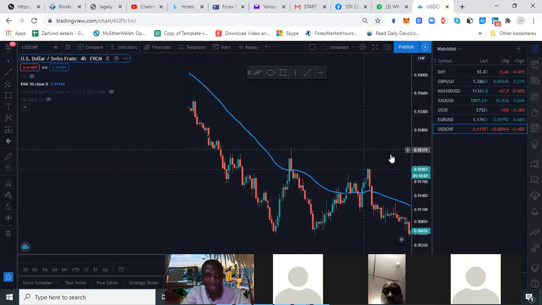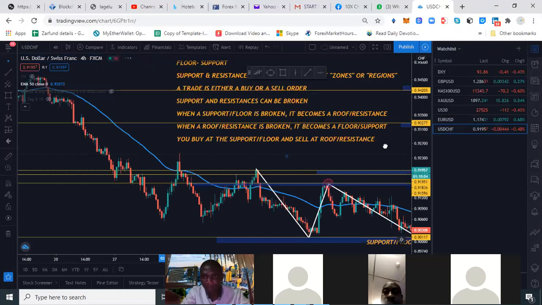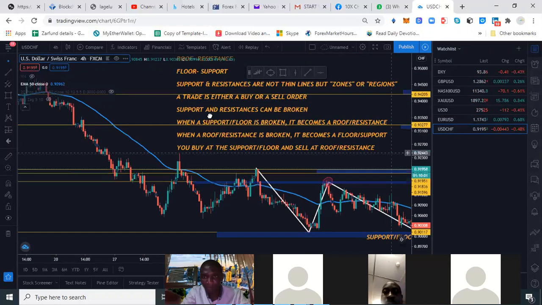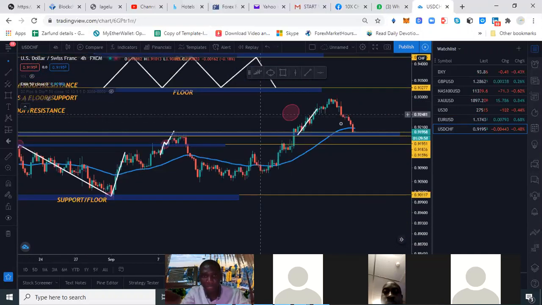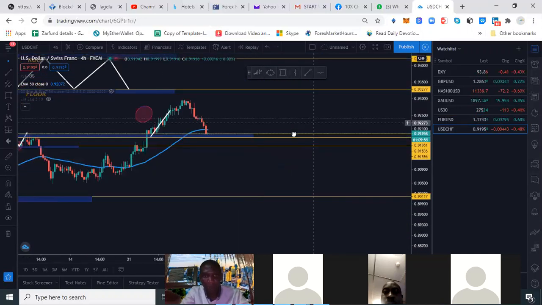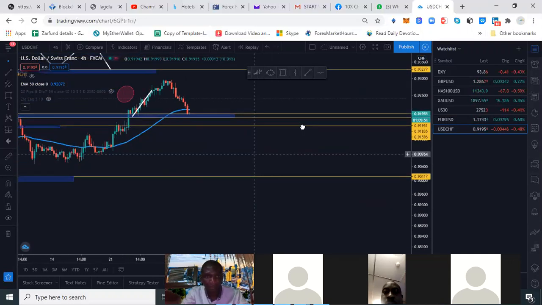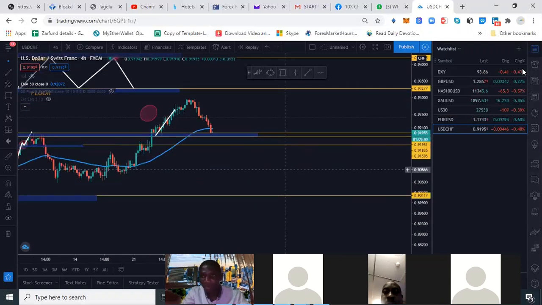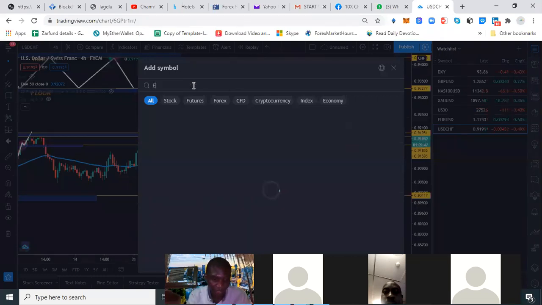Okay, please, let's use USD CHF. Okay. This one has markups. I'm looking for a chart that is just plain. Which one do I use now? Euro CHF. Let's use euros. Let's look for Euro CHF.